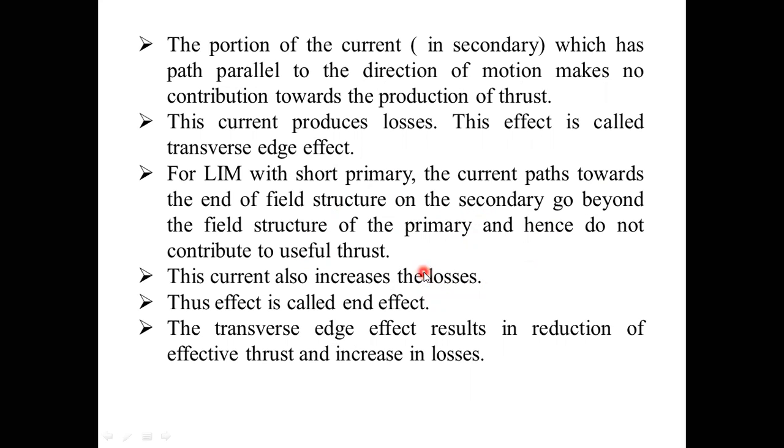The transverse edge effect and end effect can be reduced by increasing the number of poles with laminations. With more poles on the primary side, the pole formation increases, so we are reducing these two effects, the end effect and the edge effect.